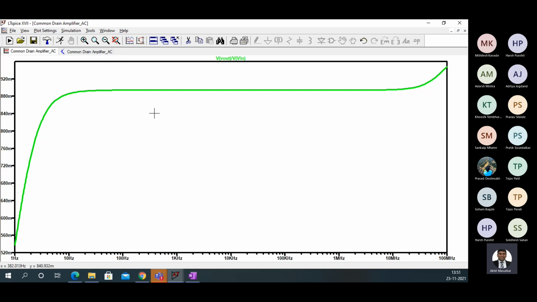What you can see is that this amplifier has a very large bandwidth, because the gain is pretty high. Pretty high as in it is almost 1, and it is 1 for a large range of frequencies.